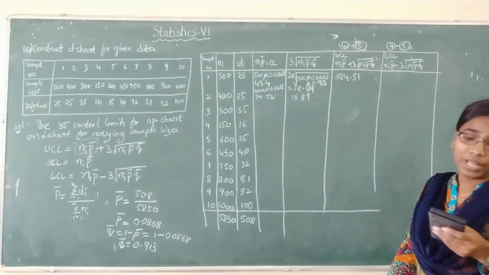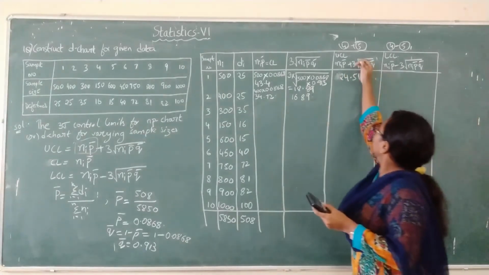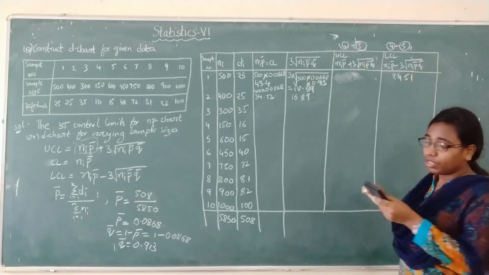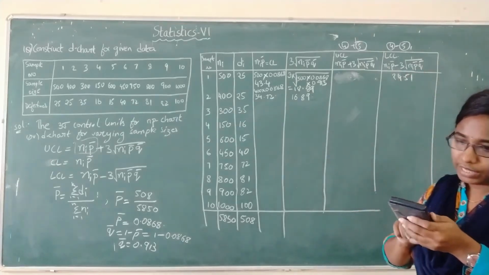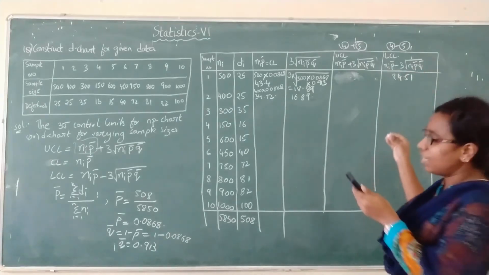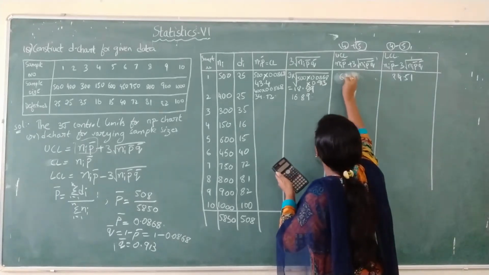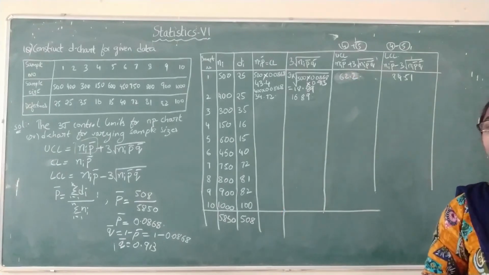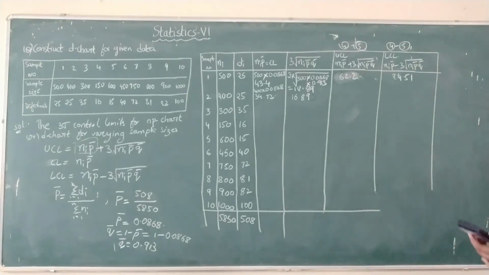Similarly, if you put plus instead of minus, you will get the UCL value as 62.2. So like this, you find the UCL and LCL for all the samples.